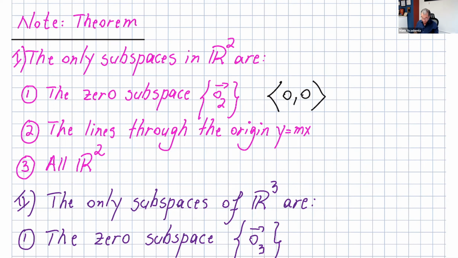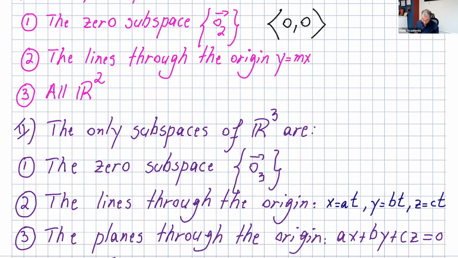The second one is a line through the origin, y equals mx, which we just showed. And all of R2: the set of all vectors (u1, u2) in R2. If you do that, it's going to work also.